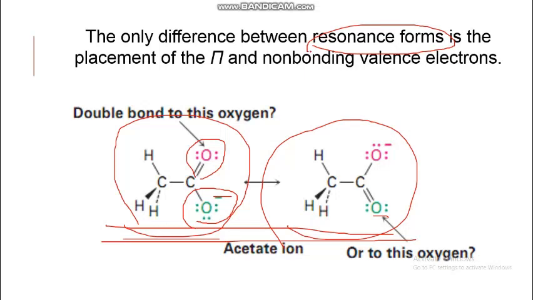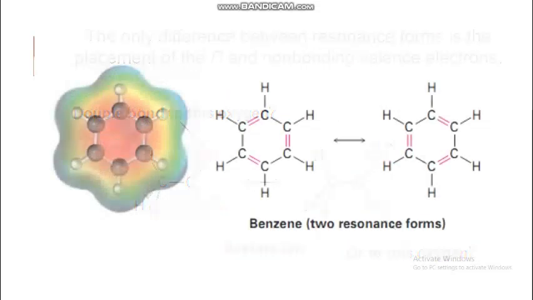And the resonance relationship is indicated by the double-headed arrow between them. So, pwedeng ito ang mag-exist and pwede din ito ang mag-exist. So, the only difference between resonance forms is the placement of the pi and non-bonding valence electrons. Okay? Yun lang daw yung pagkakaiba nila.